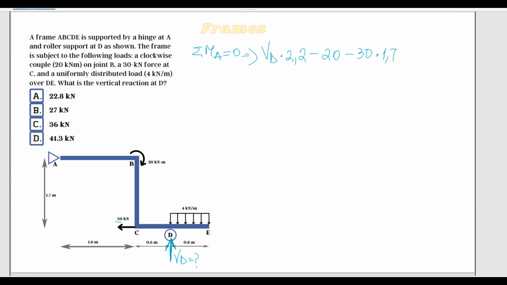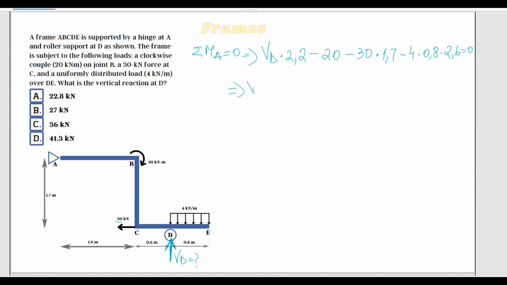And then this uniformly distributed load is also going to create a clockwise moment. So minus 4 multiplied by 0.8 multiplied by the arm, which is 1.6 plus 0.6 plus 0.4, 2.6, equals 0.